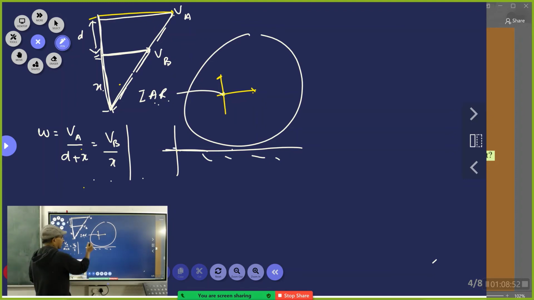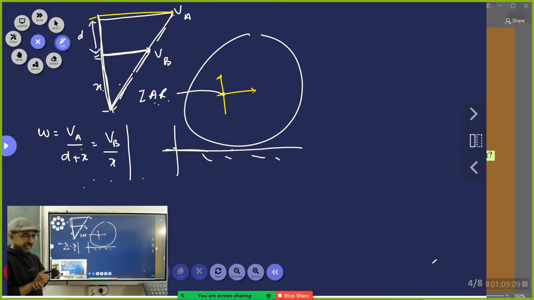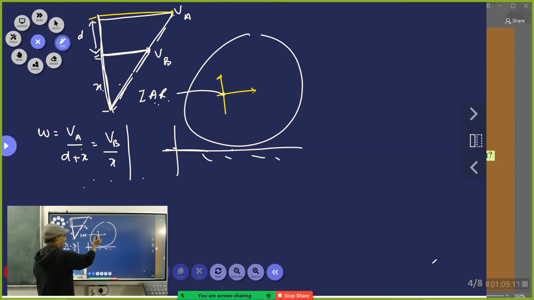If this is in motion, this is also in motion. Are they equal? No, sir. Momentarily, I said, it is at rest. But even momentarily, if it is at rest, if I attach frames here, are they both the same? No, sir.